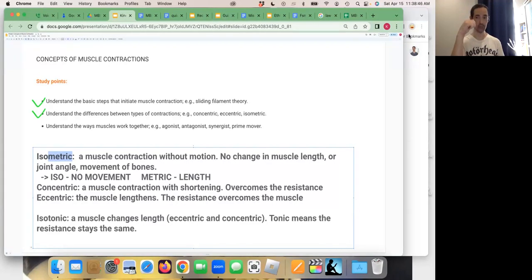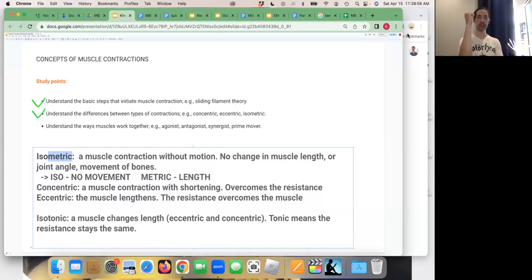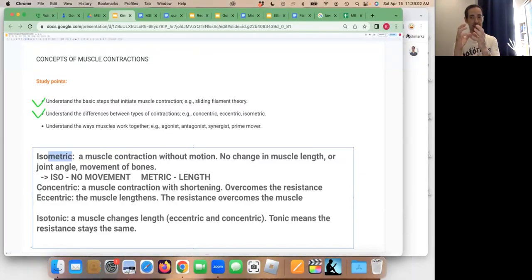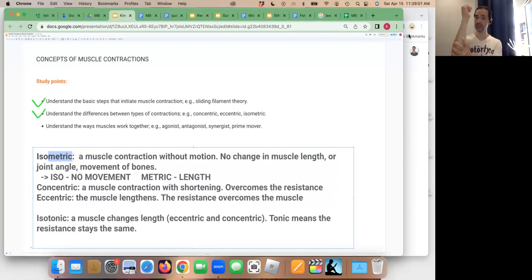You don't want to move bones that may be broken. You don't want to lengthen and shorten tendons and ligaments that may be torn, right? That's only going to make it worse. But you do want to work the muscles because you don't want them to atrophy, and you want them to be slightly contracting, not lengthening and shortening, because what if the muscle is torn, right?